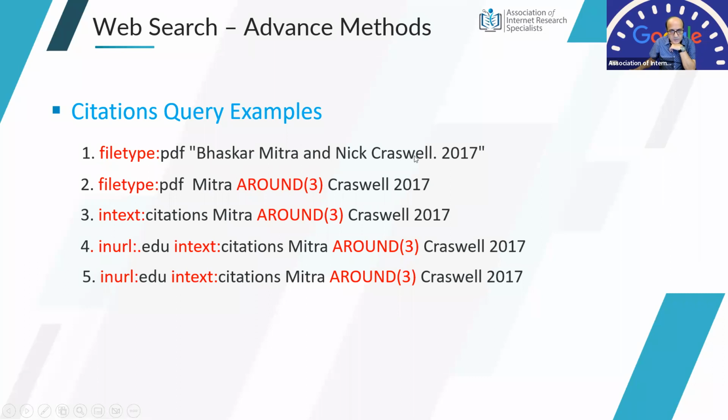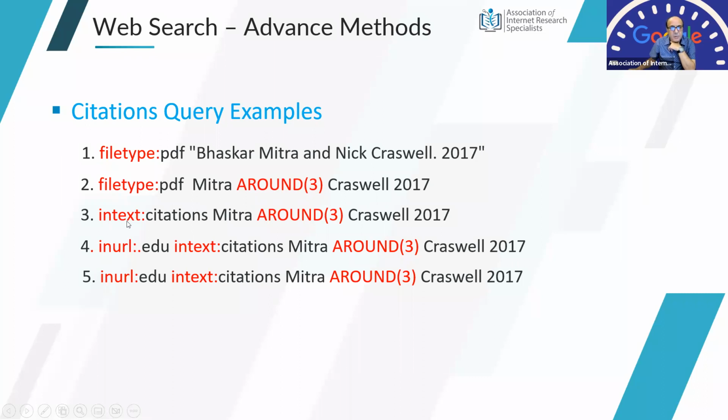So if this is the typical citation reference, or if this is how it is written, as in the first within quotes, I would be able to put an around and work with this to look for a conjoiner or some information that connects or completes the words that are missing between these two. The last name I remember for Mitra, and I used around 3.